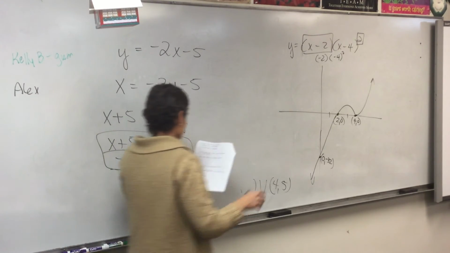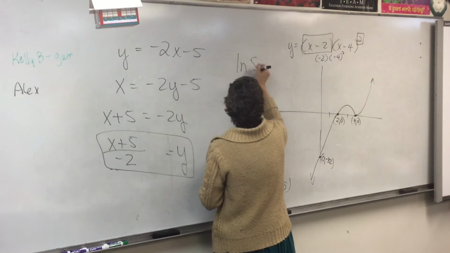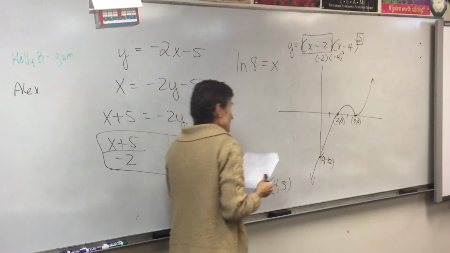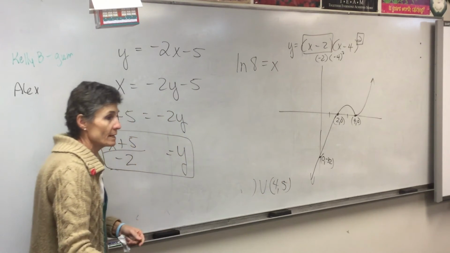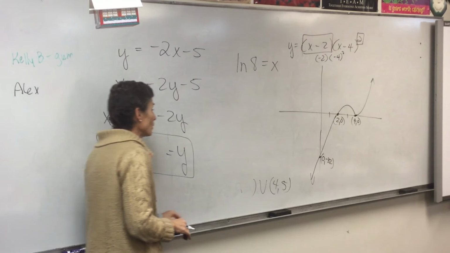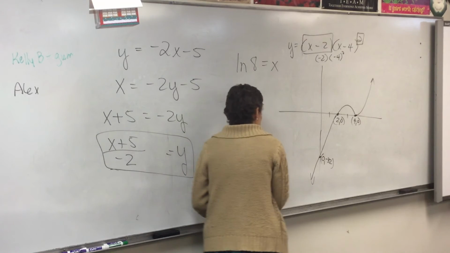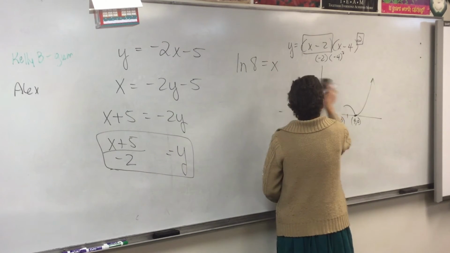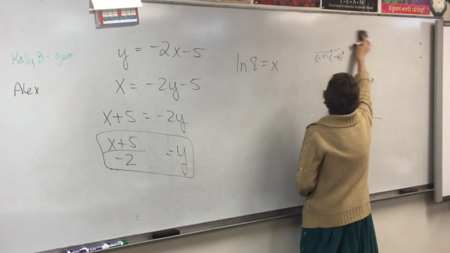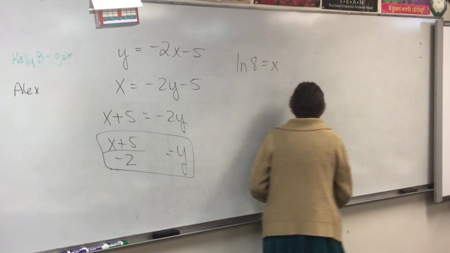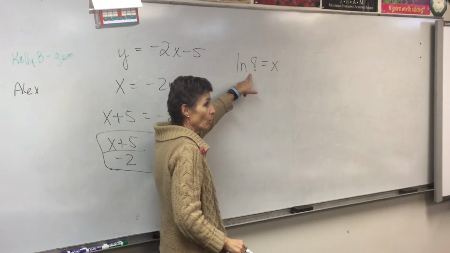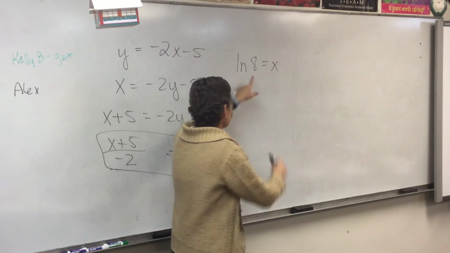Write ln 8 equals x in exponential form. In other words, write it with an exponent instead of with a logarithm. So you're going to loop-de-loop this. That's all. Now, here's the issue. There's no base. What is that base?